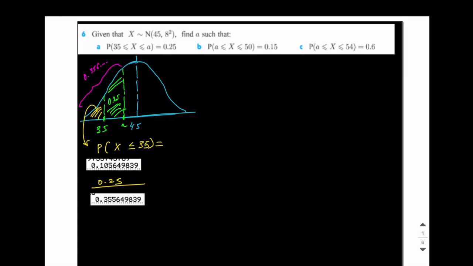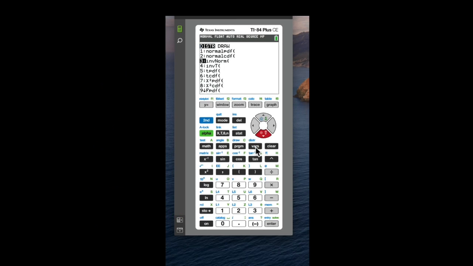So we're looking for the probability that x is less or equal than a is that number 0.356, and that with inverse norm will give us the answer. The second distribution, inverse norm.